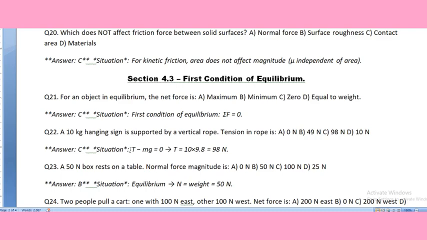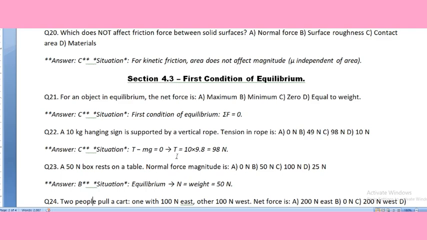So we have two forces which act in different directions. The rope is upward and the weight is downward. Let us take upward as positive and downward as negative. Then positive tension minus the weight of the object is equal to 0.